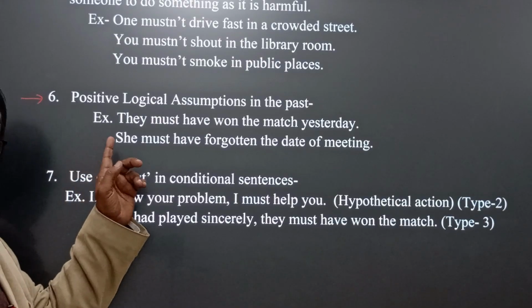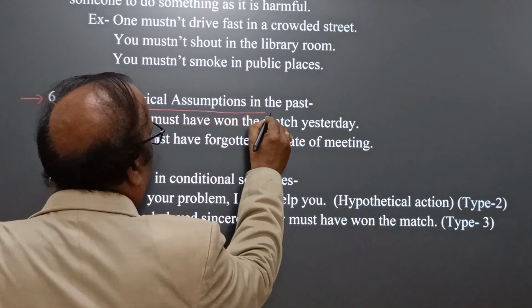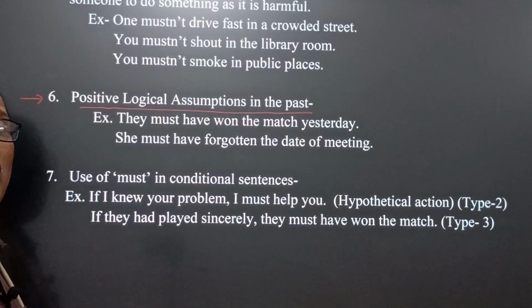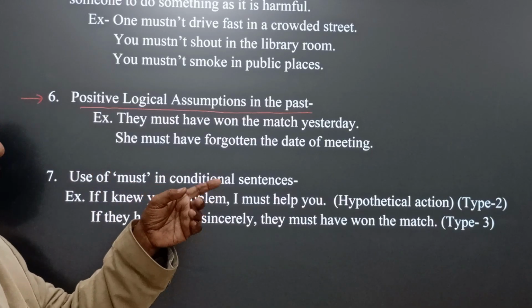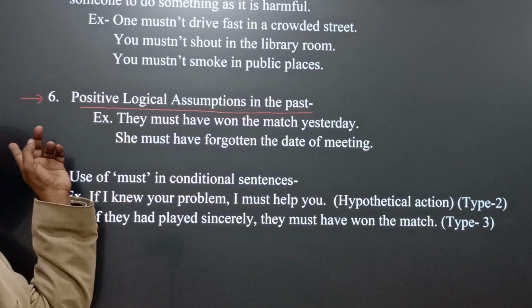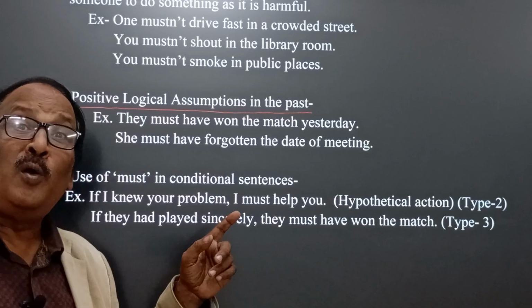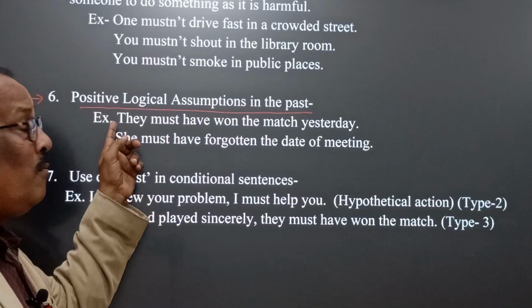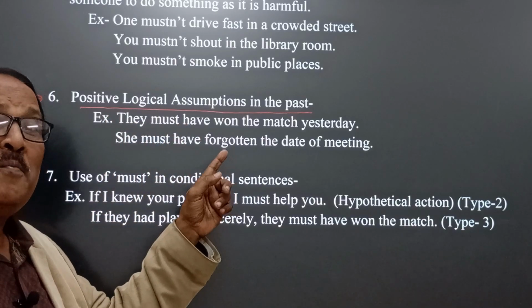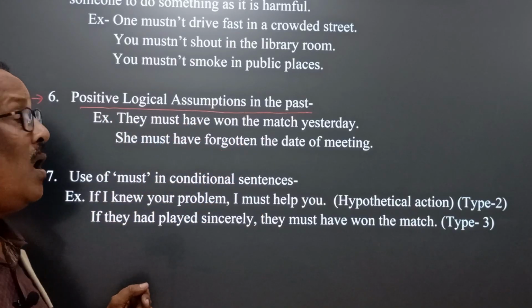Now point 6. Positive logical assumption in the past. Whenever we logically assume that something must have been done in the past, in that case we use must plus have plus past participle. How?